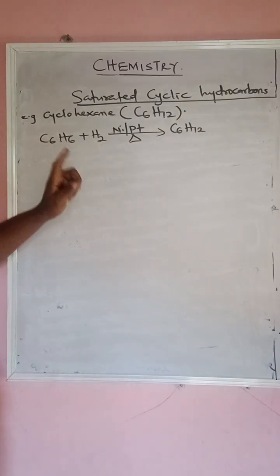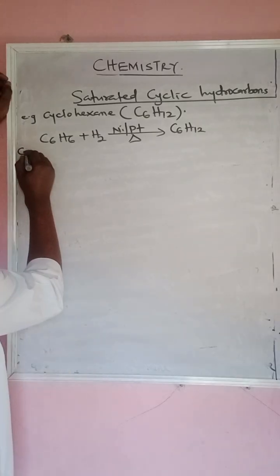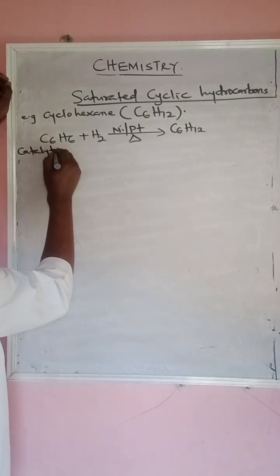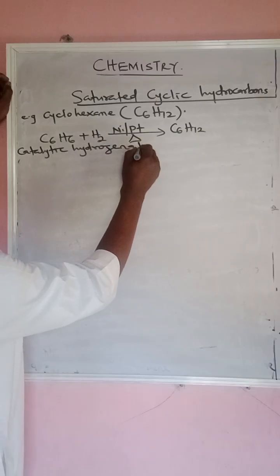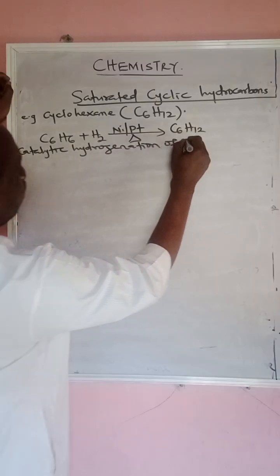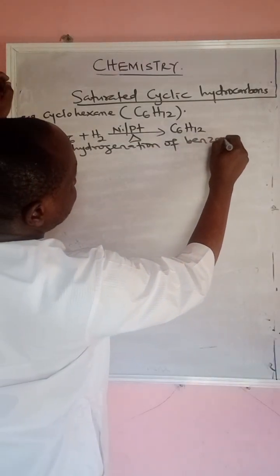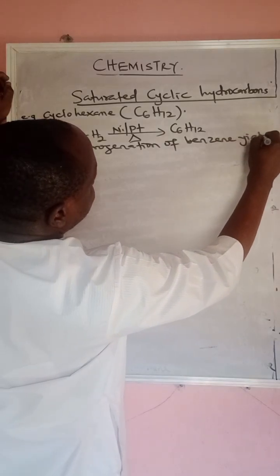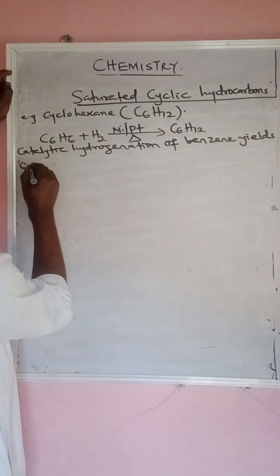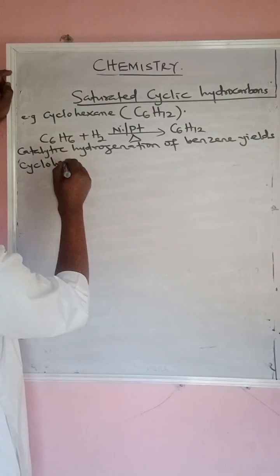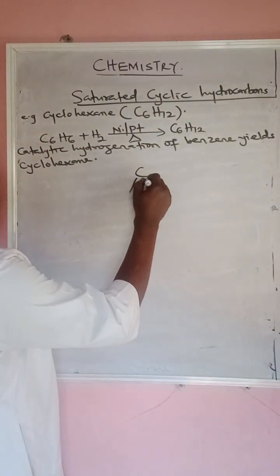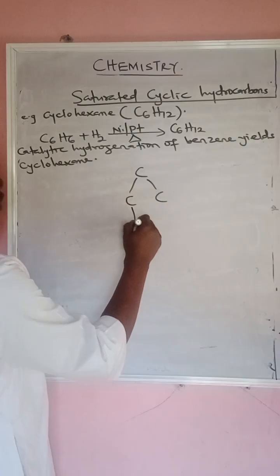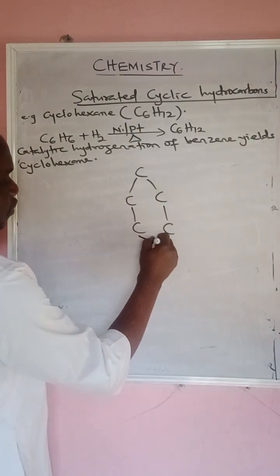This is benzene. We call it catalytic hydrogenation of benzene, which yields cyclohexane, and the structure is like this: 1, 2, 3, 4, 5, 6.